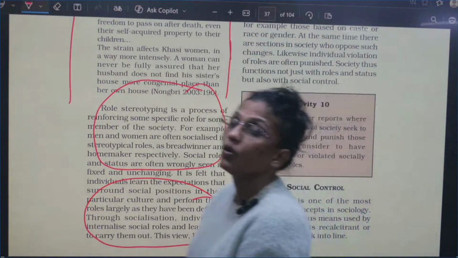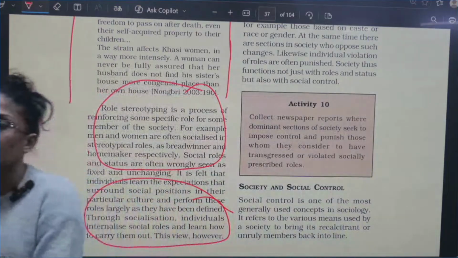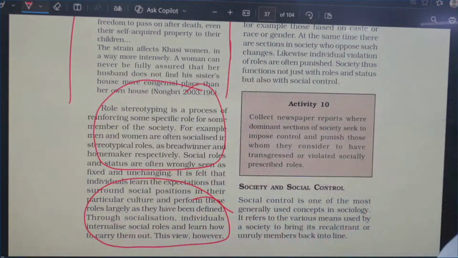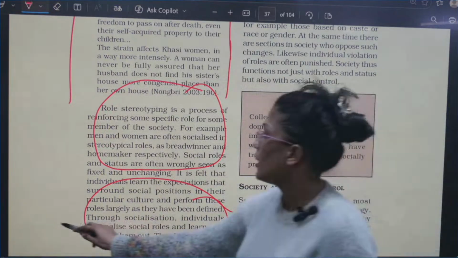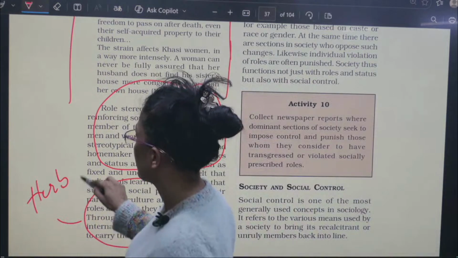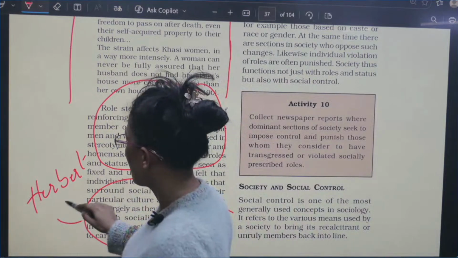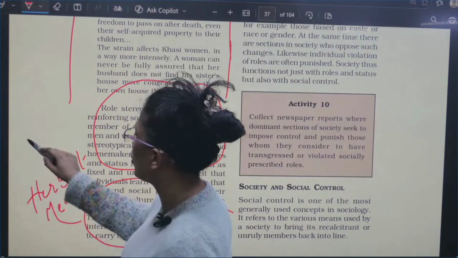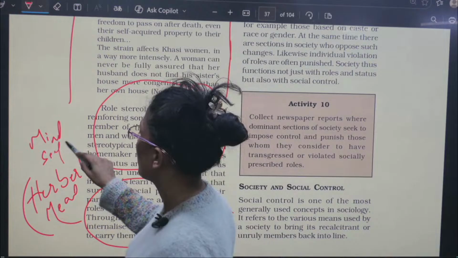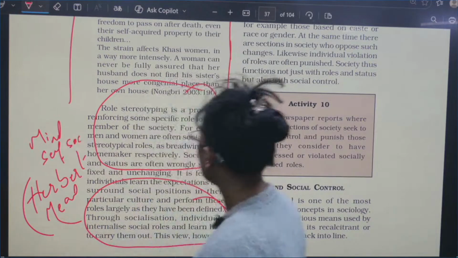Through socialization, we are internalizing different roles. यहाँ पे आप लिख लो हर्बर्ट मीड, माइंड सेल्फ एंड सोसाइटी का थ्योरी. Mind, self and society.